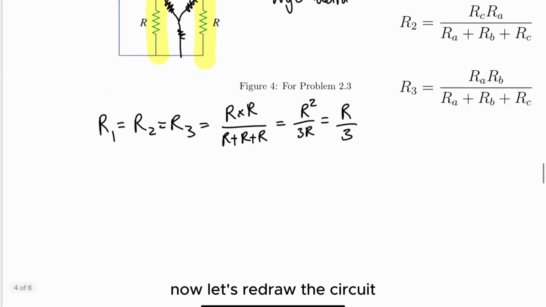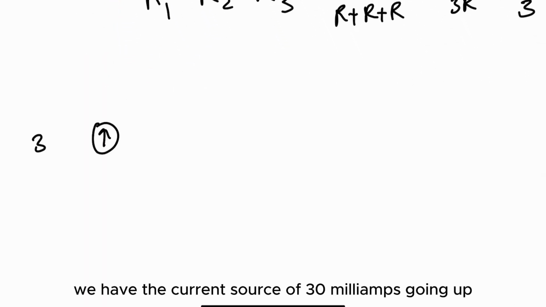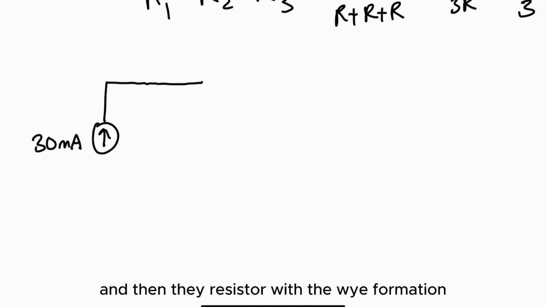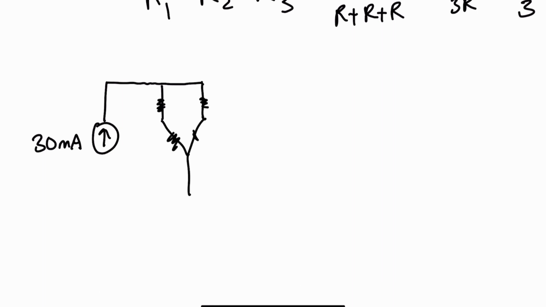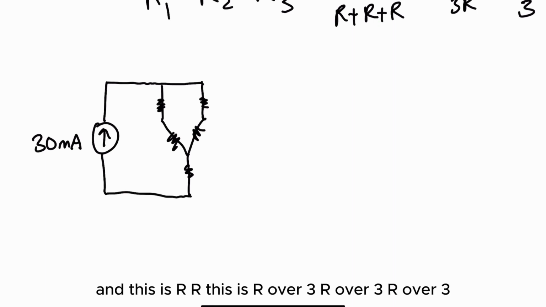Now let's redraw the circuit. We have the current source of 30 milliamps going up, and then the resistors in the Y formation, and this is R, this is R over 3, R over 3, R over 3.